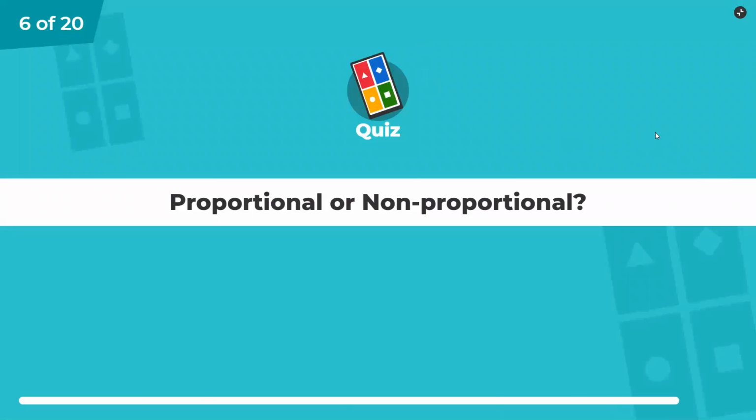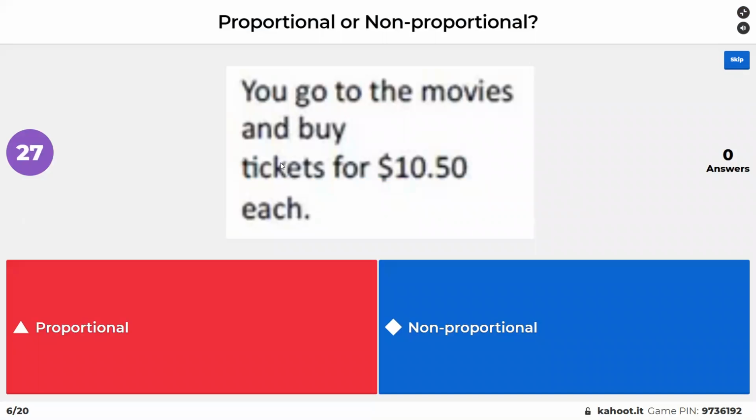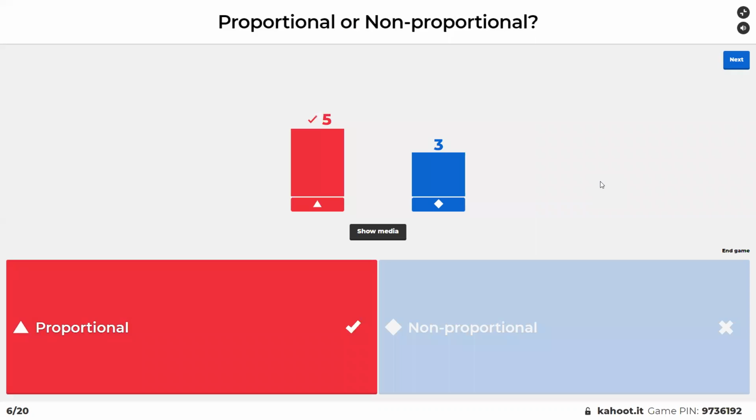Proportional or non-proportional? You go to the movies and buy tickets for $10.50 each. Is that a proportional situation or a non-proportional situation? So those of you who said proportional, good job.